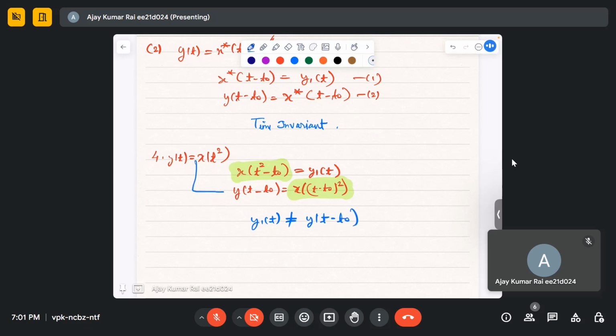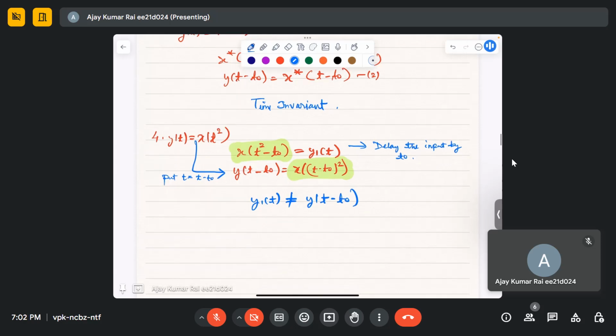So I got this one, put t equal to t minus t naught. So in the first one, what I have done here, delay the input by t naught. Just by minus t naught I put. So these are not equal. So this is time variant system.